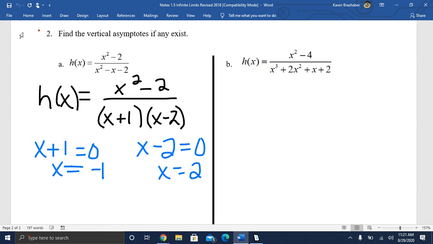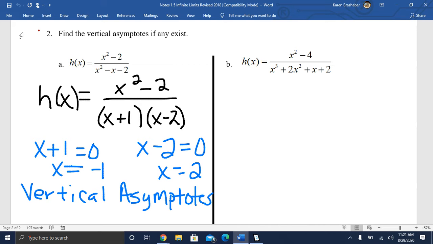So those are two non-removable discontinuities, and the graph for those would be vertical asymptotes at x equals negative 1 and at x equals 2. And you would need to have those stated using the x equals, because they are vertical lines, and that's how you name a vertical line.